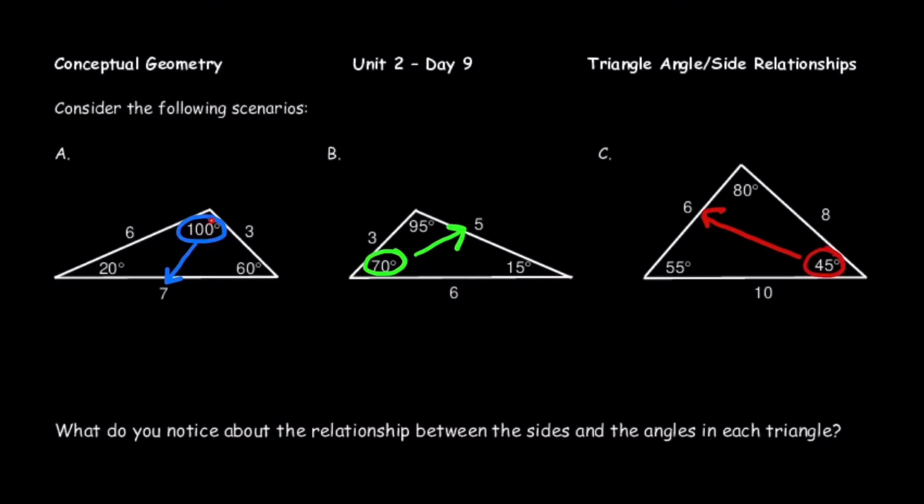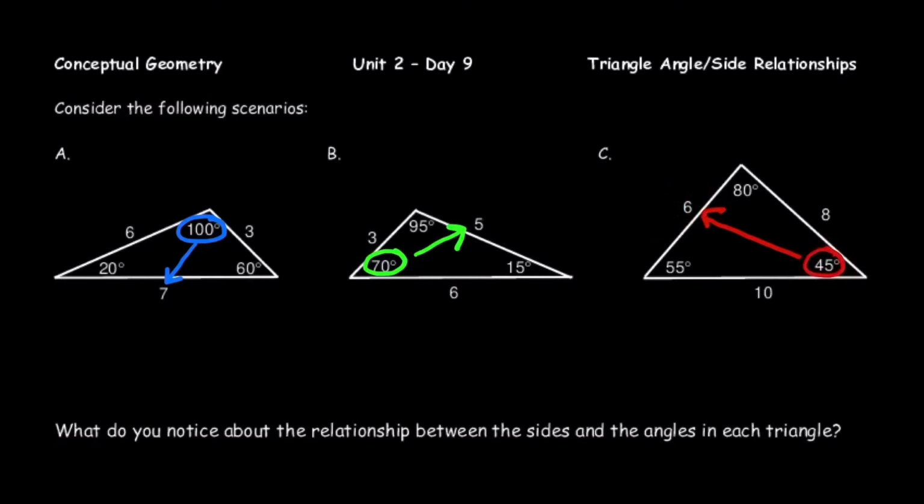In A, 100 was the largest angle. And what'd you notice about side 7? In B, 70 was the middle angle. And what'd you notice about side 5? And in C, 45 is the smallest angle. And what'd you notice about the side 6?